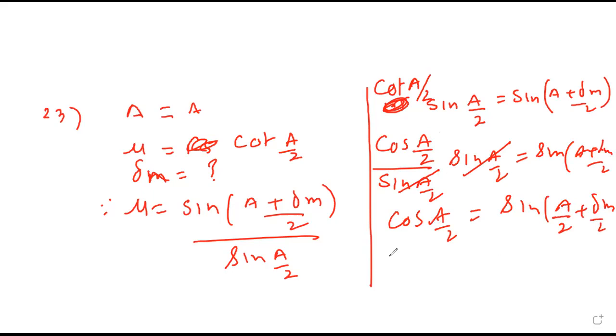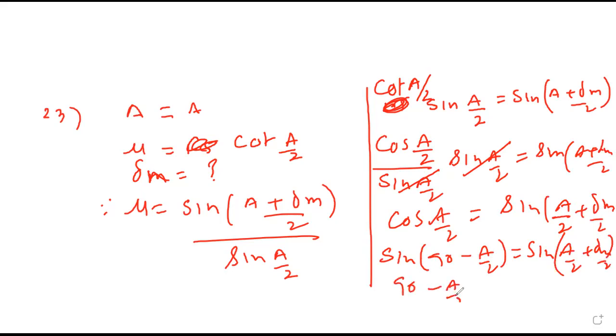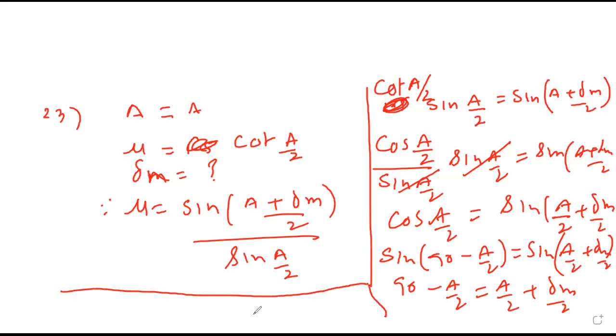Cos can be written as sine of 90 minus theta. So both sides sine means 90 minus A by 2 is A by 2 plus delta M by 2. Followed? Yes, sir. Multiplying throughout by 2.